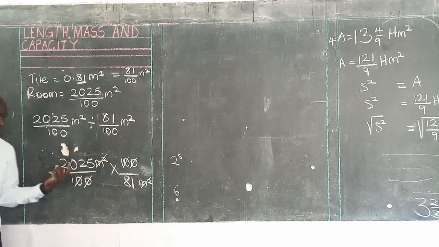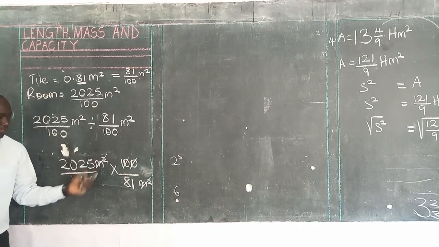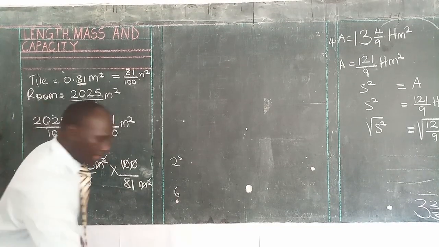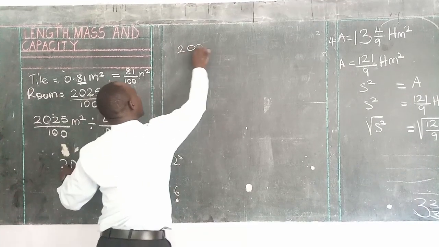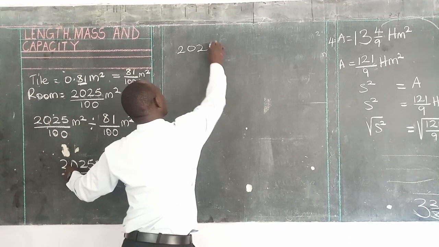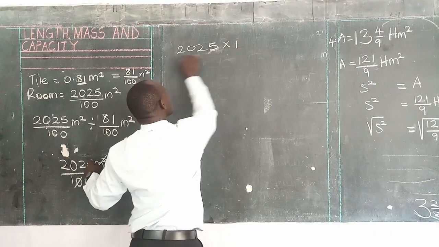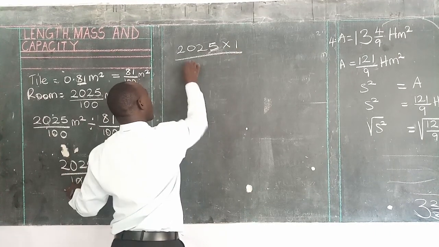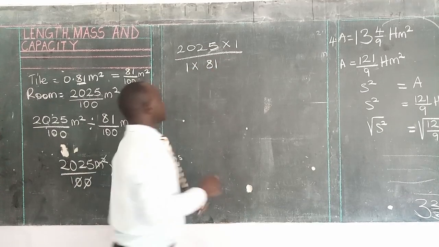We now have 2025 times 1 out of 1 times 81.